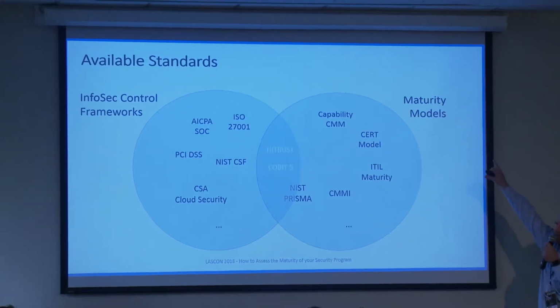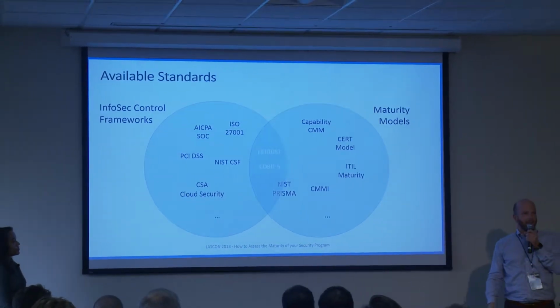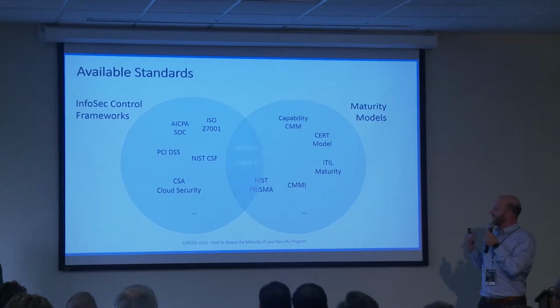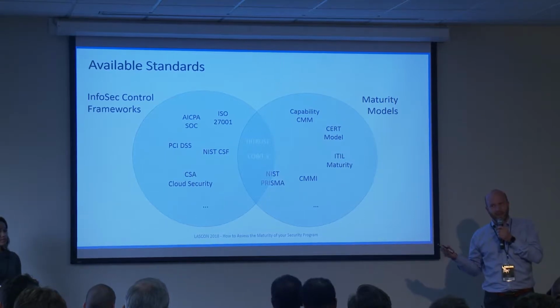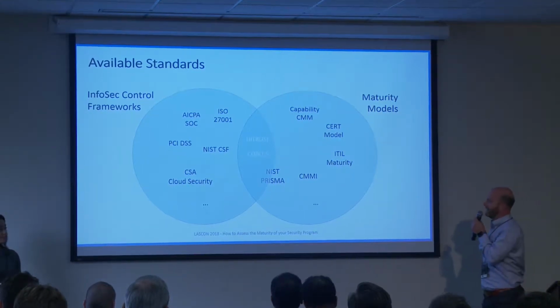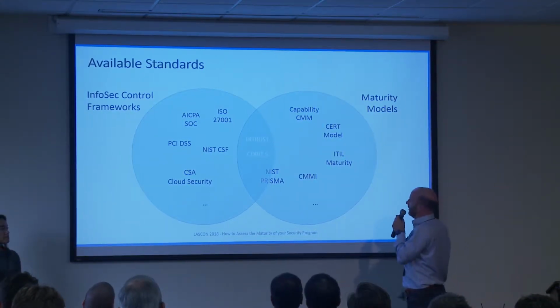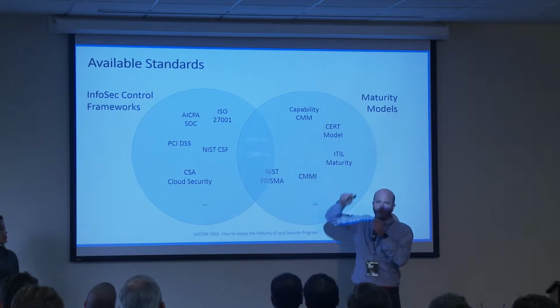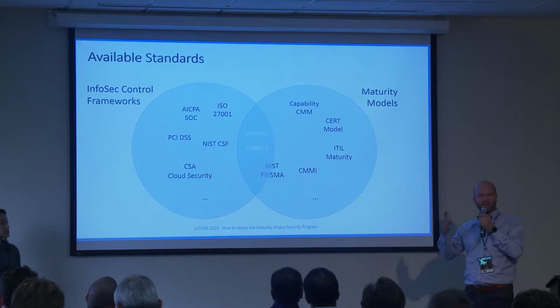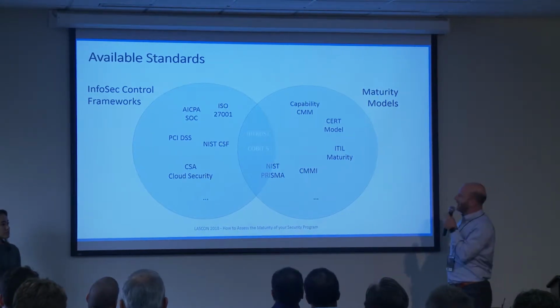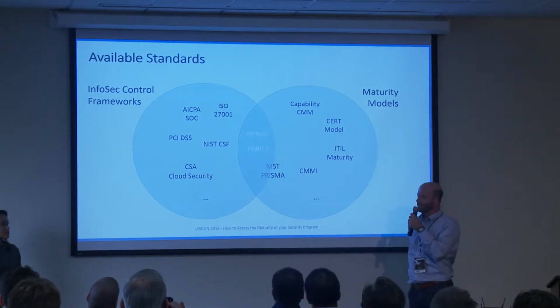And there's also standards that deal specifically with how to express maturity of programs, be they security related or not. And then there's a couple standards that do both. COBIT gives you sets of controls, but also a way to manage maturity. HITRUST has that built in to some extent.